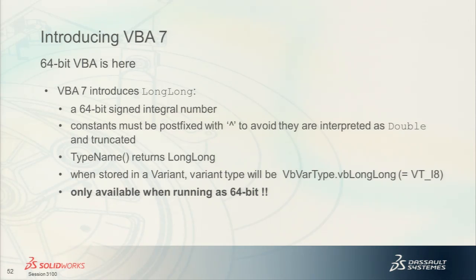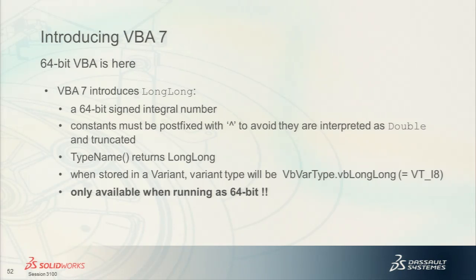I turn it into a double. And then you end up with the wrong number. Just a tip. So if you call type name on it, it will return the value long. And if you stick it into a variant, it will come back with a VB long or a VT_I8, which is how we call it in the C++ world.